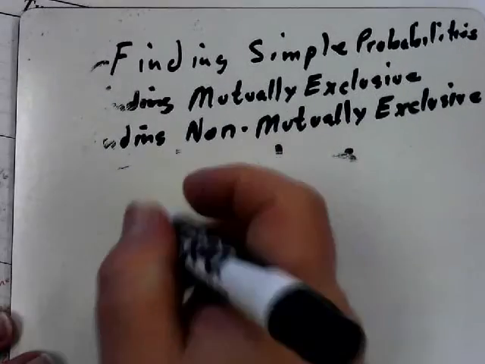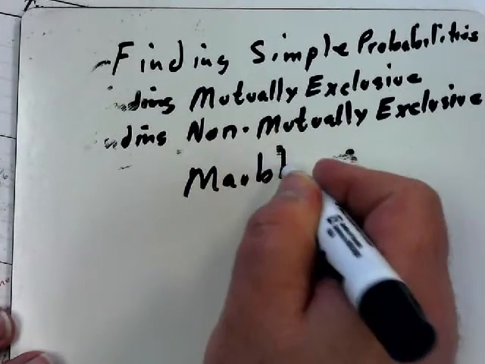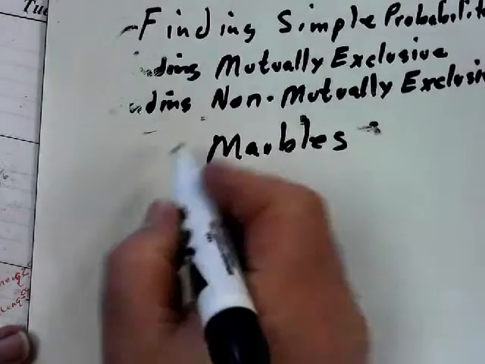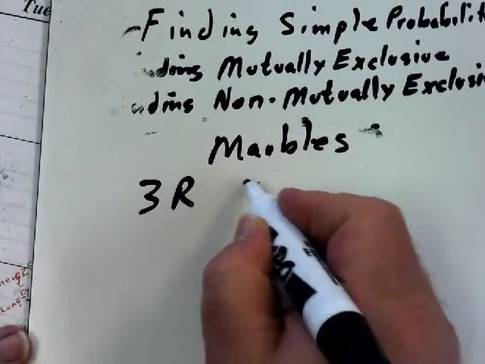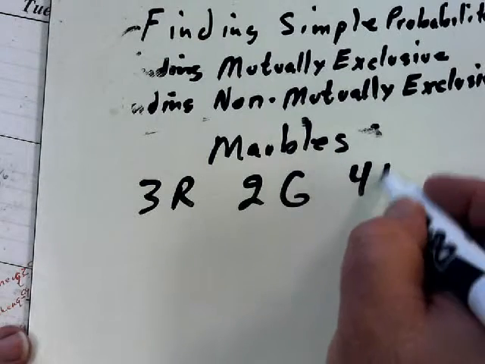Other simple probabilities, desired outcomes over total, would be, let's say I have a bag of marbles. I have 3 red, 2 green, 4 blue.